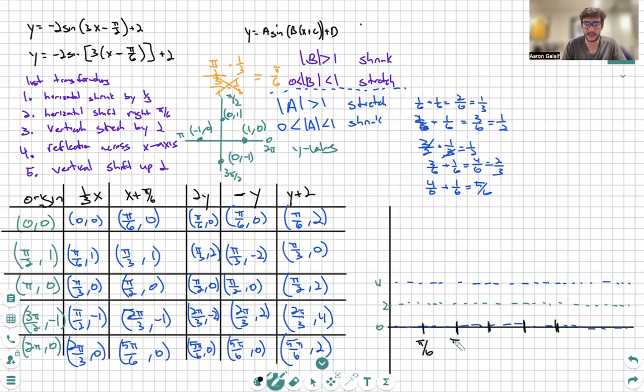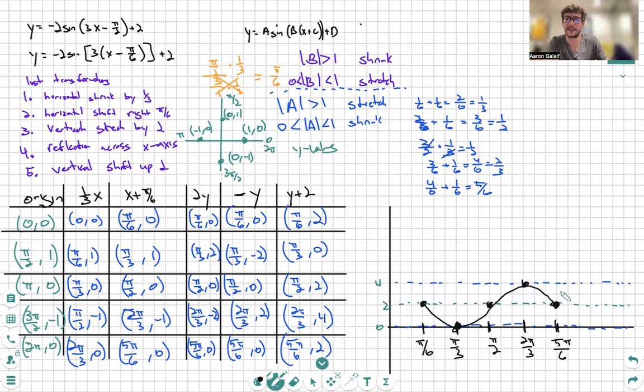So pi over 6, pi over 3, pi over 2, 2 pi over 3, 5 pi over 6. Then we're going to plot our points. Pi over 6, 2 is here. Pi over 3, 0 is here. Pi over 2, 2 is back here. 2 pi over 3 is up. 5 pi over 6 is back. And we have our wavelength.